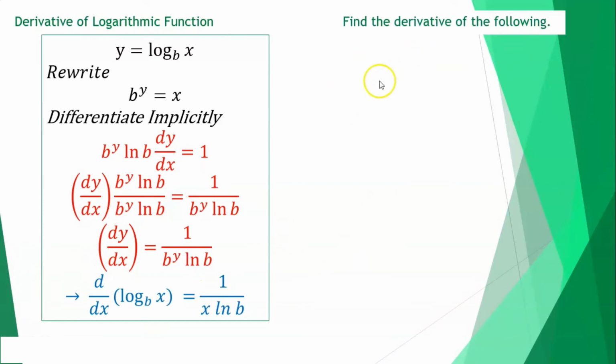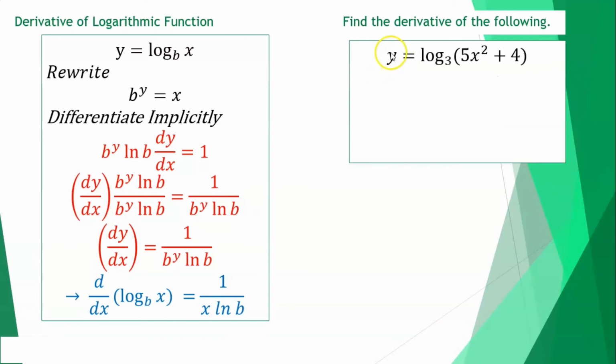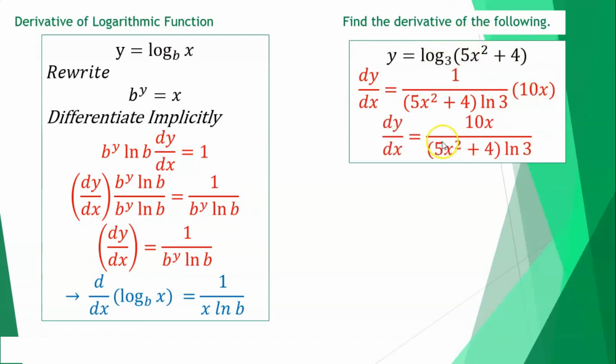Find the derivatives of the following. Number 1, y is equal to the logarithm of 5x squared plus 4 to the base of 3. Again, dy/dx would become 1 over 5x squared plus 4, natural log of the base 3, and the derivative of this one is 10x. Simplifying further, this is our final answer.